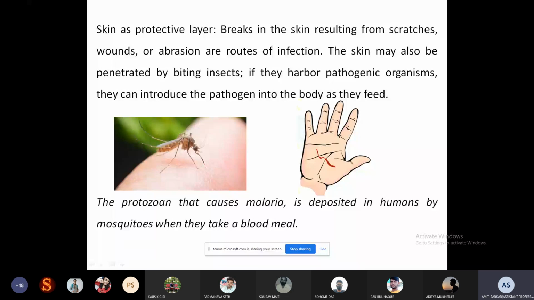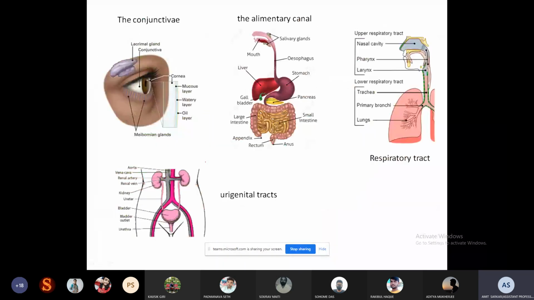That hole is very, very small, and that is an opportunity. So anyway, if you get a break over your skin, then that's a problem. Then the microbes will be able to enter. And the malarial protozoan is one classical example. Okay, so that was about the skin.